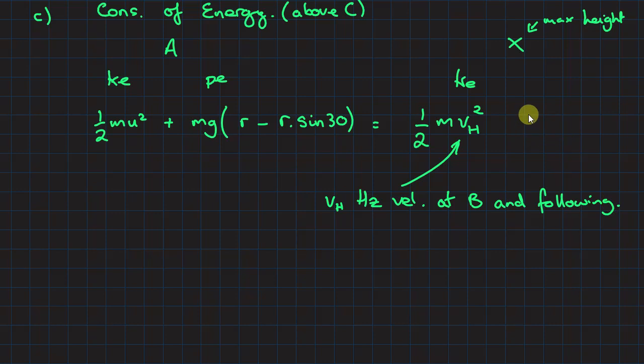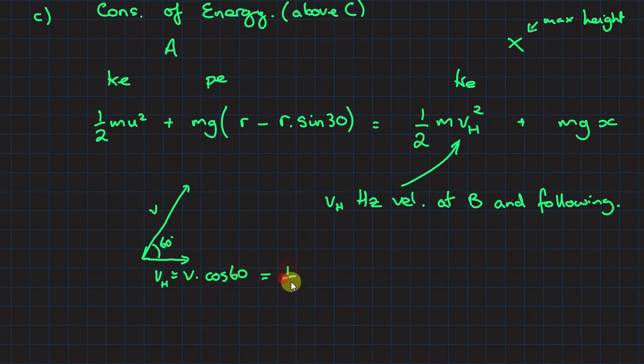And my potential energy is going to be my mg and my height x, and the x is what I'm trying to work out. So we've got to work out the horizontal velocity at B. So we actually want this v there, angle 60 degrees, like I just did with SUVAT. Now for the v horizontal, that is v cos 60. So that is 1/2 of whatever v was.